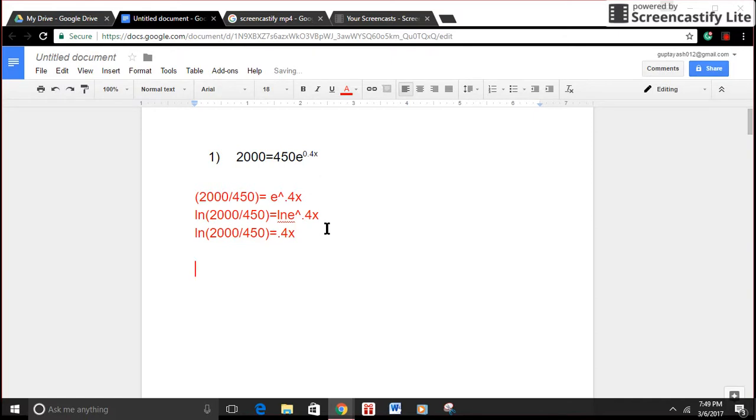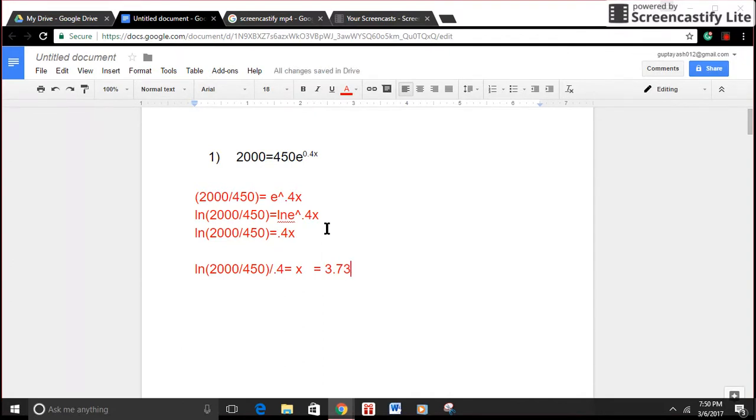So your exact answer is going to be ln of 2000 divided by 450, divided by 0.4, which is going to equal x. It's not simplified, so it's not really exact, but it is. That's about 3.73.